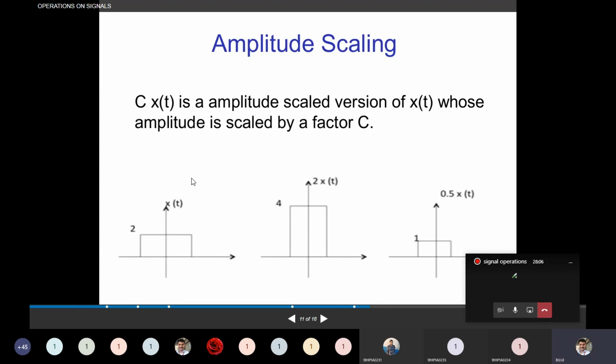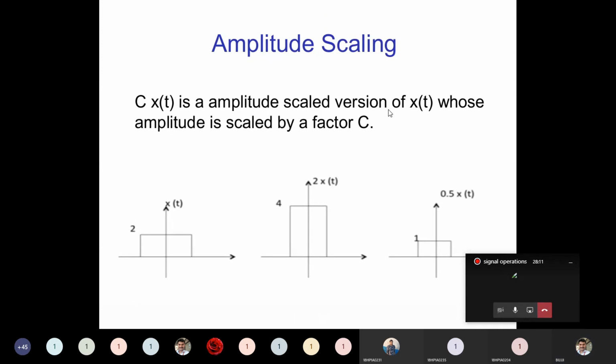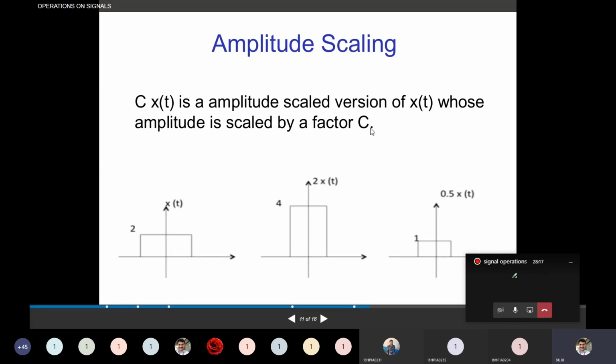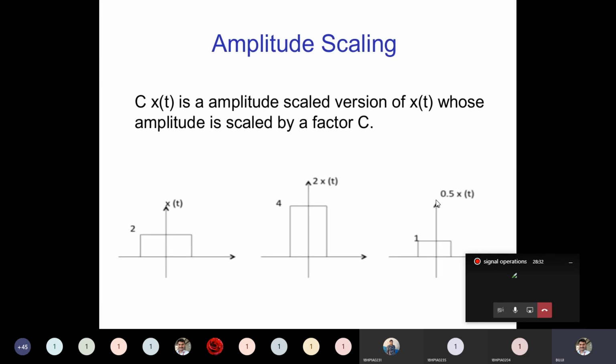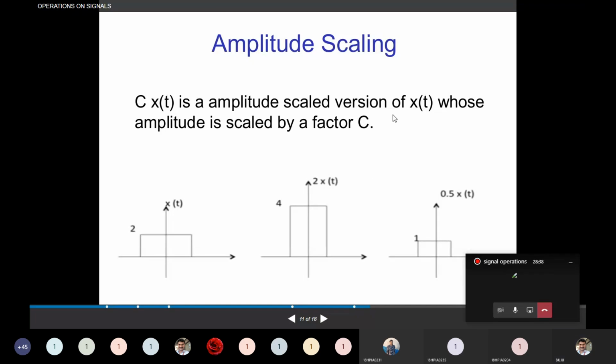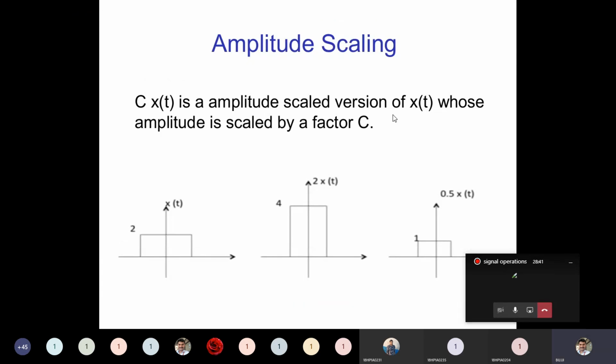Here, c times x of t is the amplitude scaled version of x of t, whose amplitude is scaled by a factor c. Here 2 is the factor, the amplitude is already 2, so 2 into 2 is 4. Similarly, in the second signal it is 0.5, 0.5 into 2, we get 1. Whenever c is greater than 1, the amplitude increases.